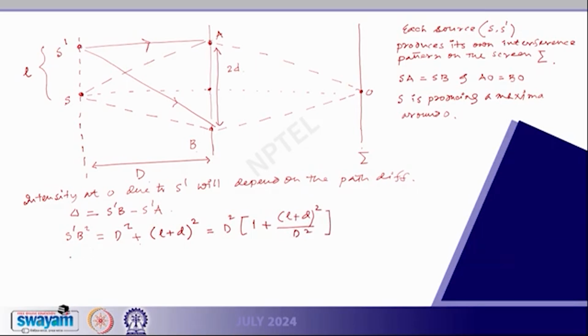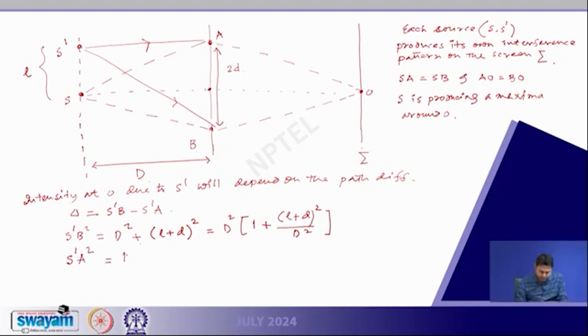Similarly, S prime A square is D square plus L minus D whole square, which I can write as D square times 1 plus L minus D whole square divided by D square.